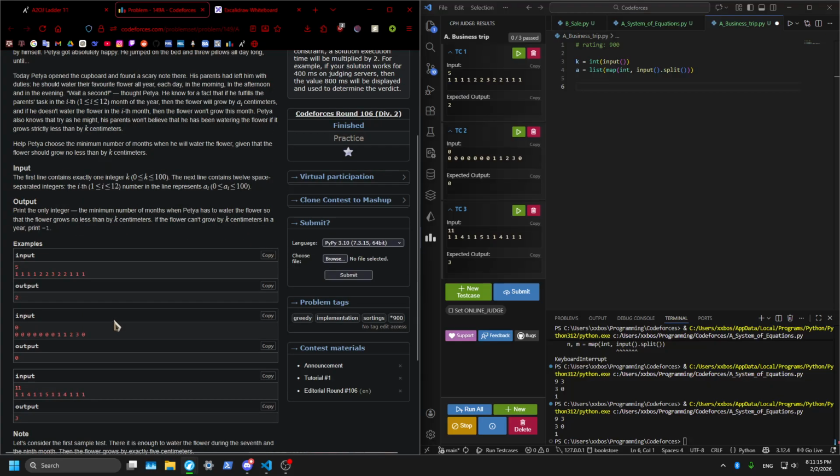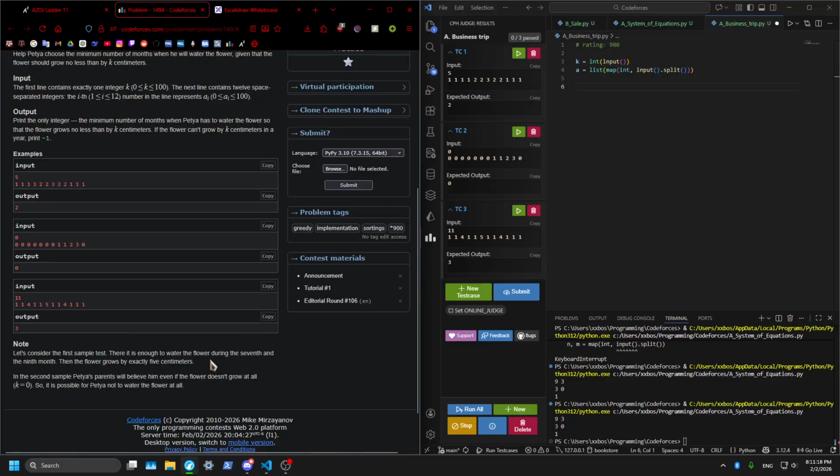So first sample test, there's enough to water the flower during the 7th and 9th month. 1, 2, 3, 4, 5, 6, 7, 8, 9. Okay, so 2 months. 0. Doesn't have to water it at all. 9.